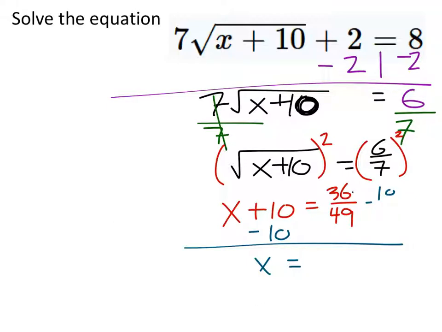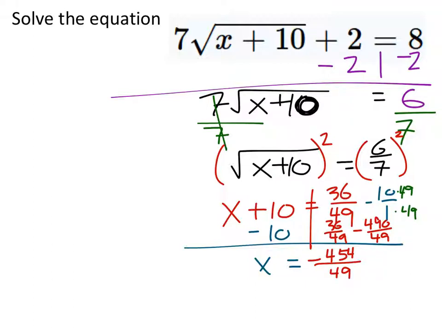So I'm going to multiply this one by 49 over 49. What the heck? So this gives us the new fraction. Well, subtracting those, I would get negative 454 over 49.